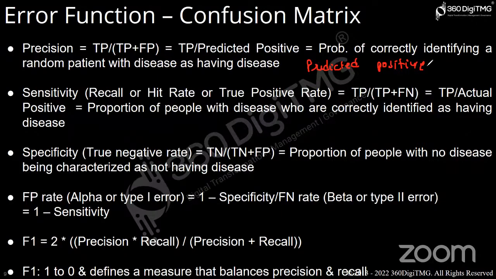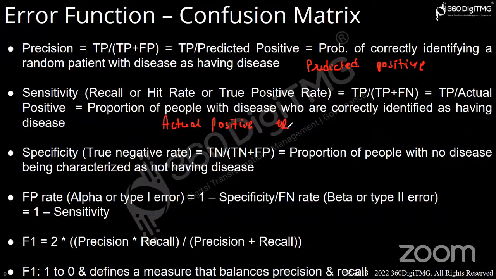So here we are talking about the predicted positive values. Whatever your model has predicted to be positive, we are trying to see if they are actually positive, or were they negative results being predicted as positive. Then we have sensitivity. This is also known as recall or true positive rate. Here we are checking for the actual positive results.